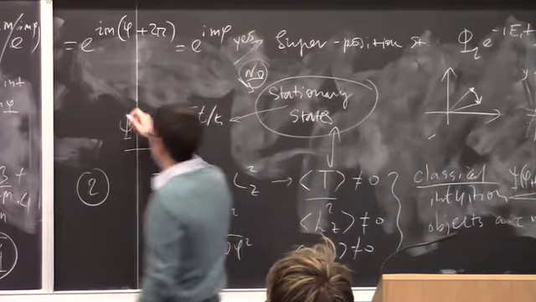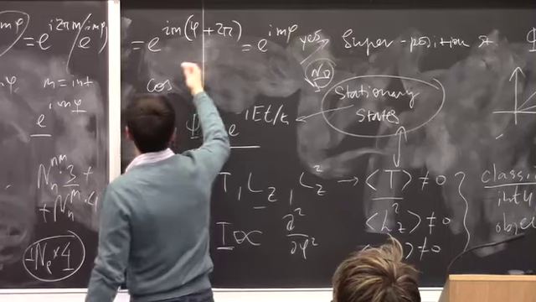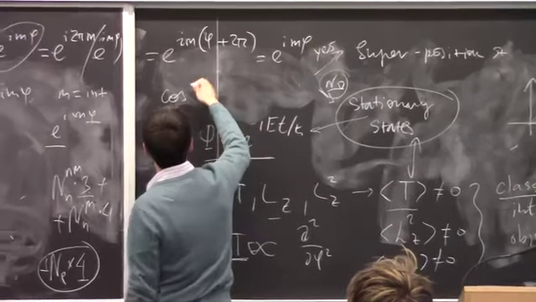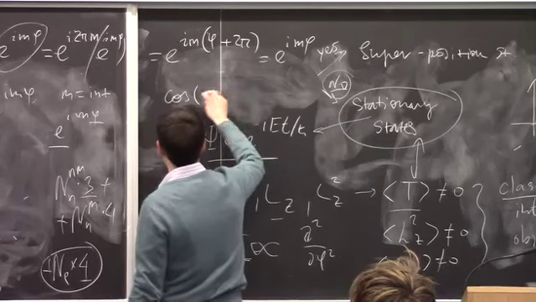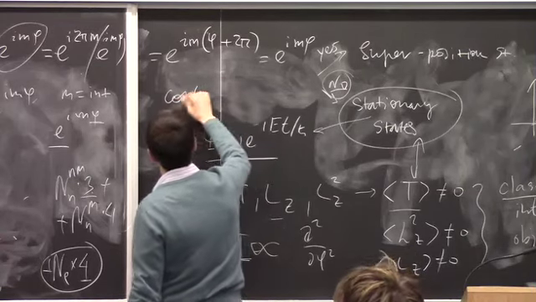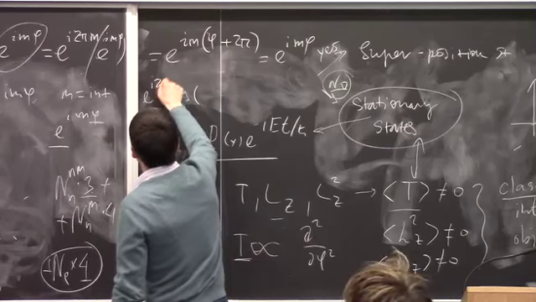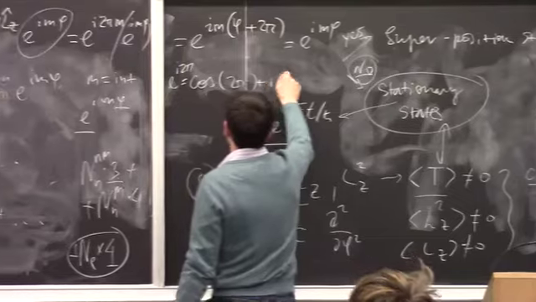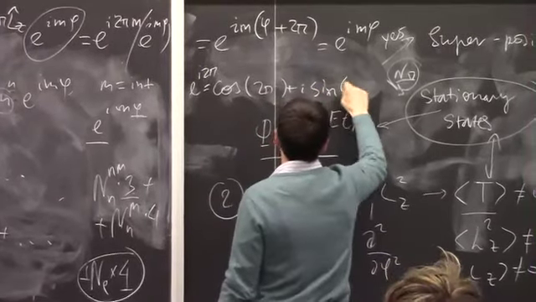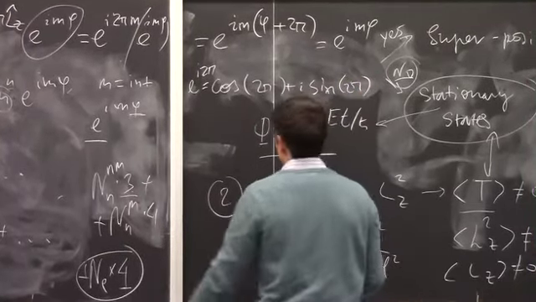You can just do the algebra. If you're not comfortable with exponentiating 2 pi, you can use the Euler expression: exponent of i 2 pi equals cosine 2 pi plus i sine 2 pi, right? And that is 1.